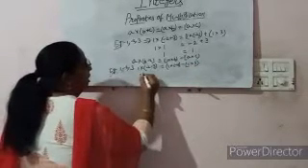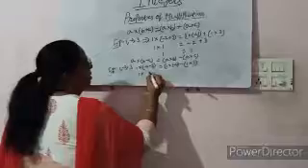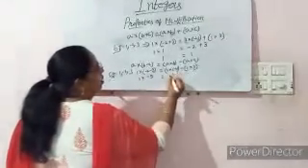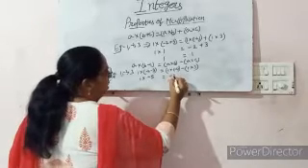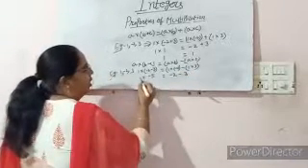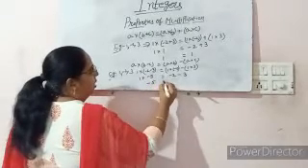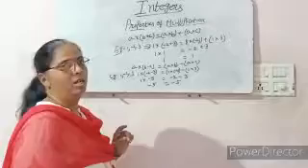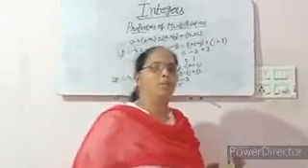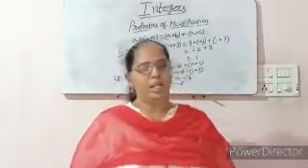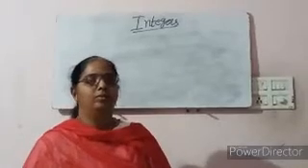Here 1 into (minus 2 minus 3) is 1 into minus 5, which is minus 5. And 1 into minus 2 is minus 2, minus 1 into 3 is 3, so minus 2 minus 3 is also minus 5. So the distributive property over addition and subtraction is also satisfied in multiplication.